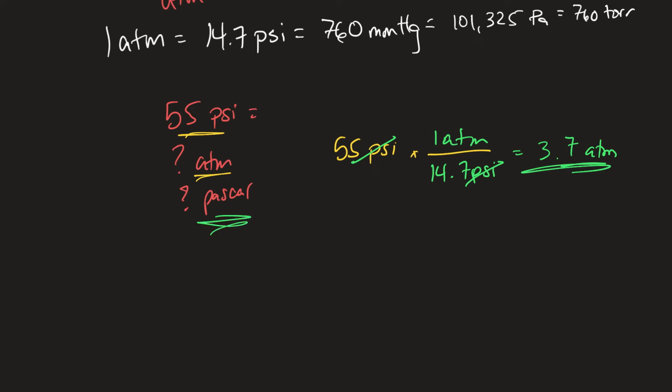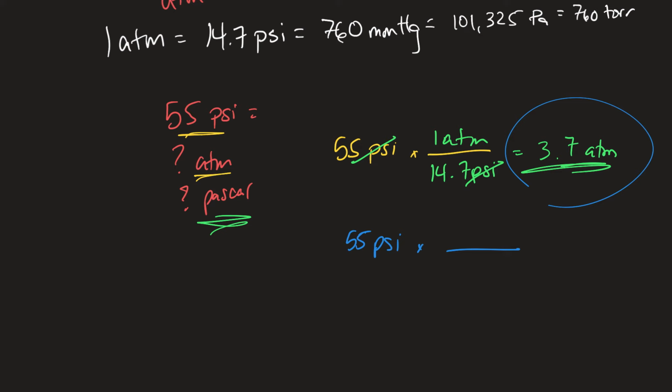Now, what about pascals? How do we get to pascals? We'll start off with still 55 psi. If you're fancy, you can actually start off with atm if you wanted to, but we're going to start with 55 psi. Looking at the relationship, for every 14.7 psi, we have 101,325 pascals.